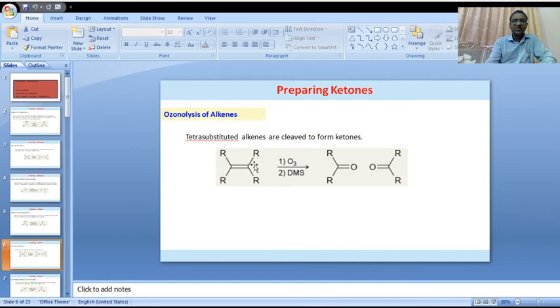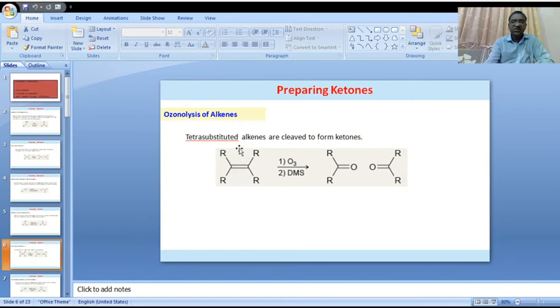Same ozonolysis process. This tetra-substituted olefin reacts with ozone in the presence of dimethyl sulfide.